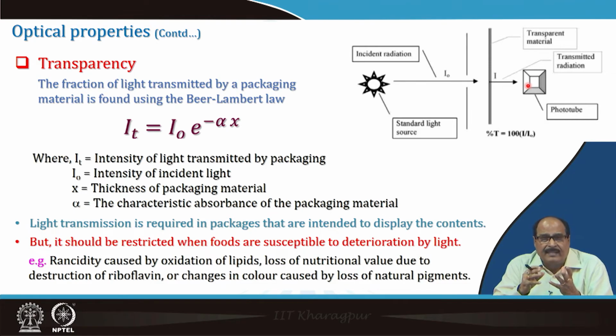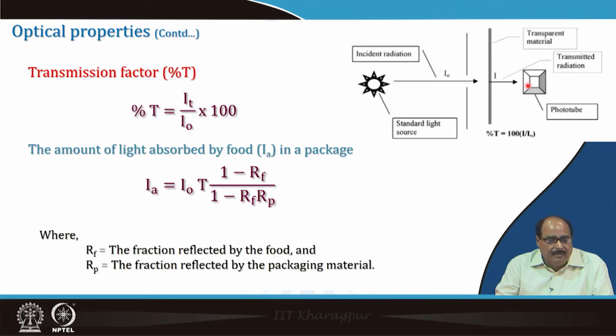For example, rancidity caused by oxidation of lipids, loss of nutritional value due to destruction of riboflavin, or changes in color caused by loss of natural pigments. These are light-catalyzed reactions, so materials susceptible to them should be packed in opaque or non-transparent containers or packaging material.